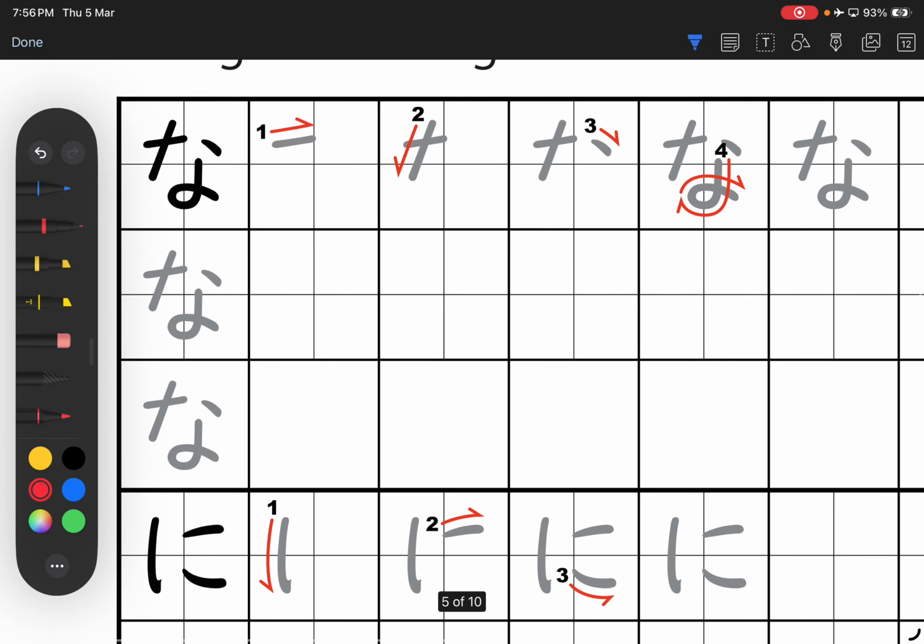Okay, we have na. The top part is like ta, but the bottom part is different.